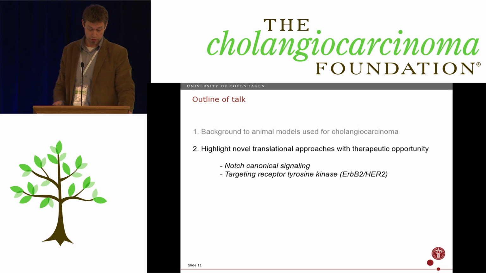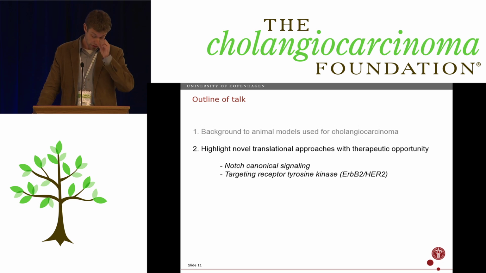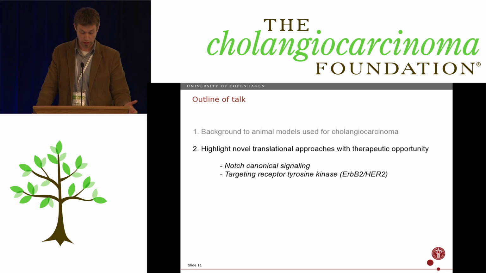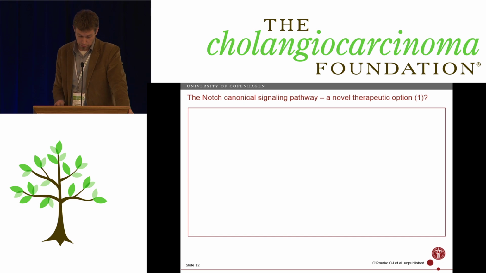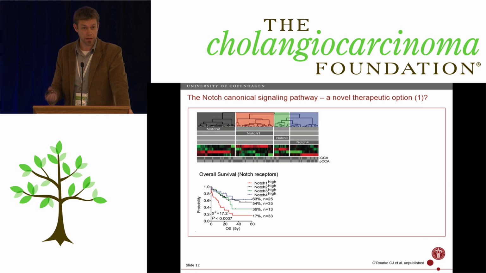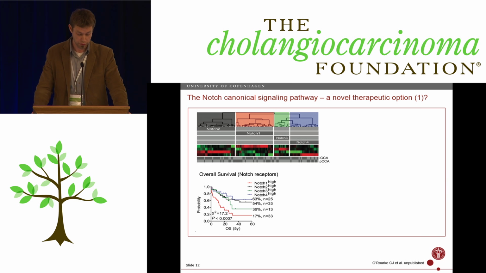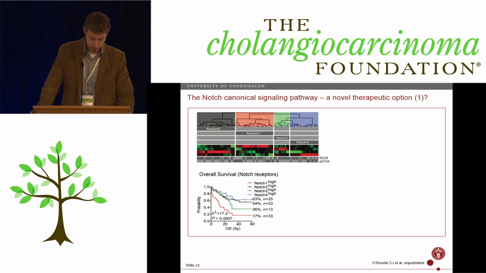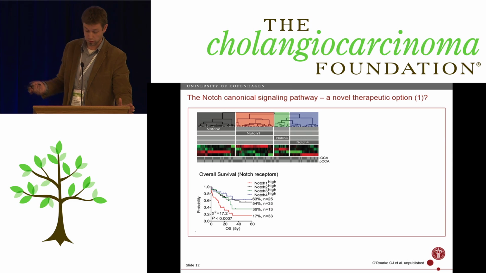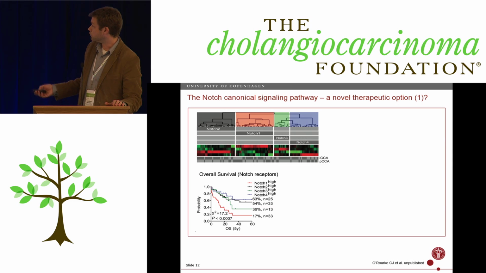That brings me to the second part of the talk, which is to highlight the translational approach of therapeutic opportunity, both looking at the NOTCH canonical signaling as well as the receptor tyrosine kinases. But first, the NOTCH canonical signaling pathway. So, based on the literature and the publications around 2013 of activated NOTCH and AKT leading to intrahepatic cholangiocarcinoma through a dedifferentiation of hepatocytes to cholangiocytes, we thought, okay, let's look at our database of cholangiocarcinoma gene expression data from the patients. And we simply picked out the 4 different receptors and grouped them.